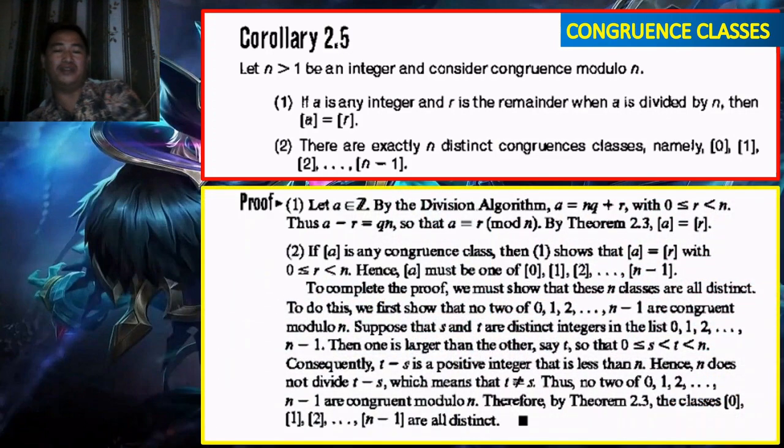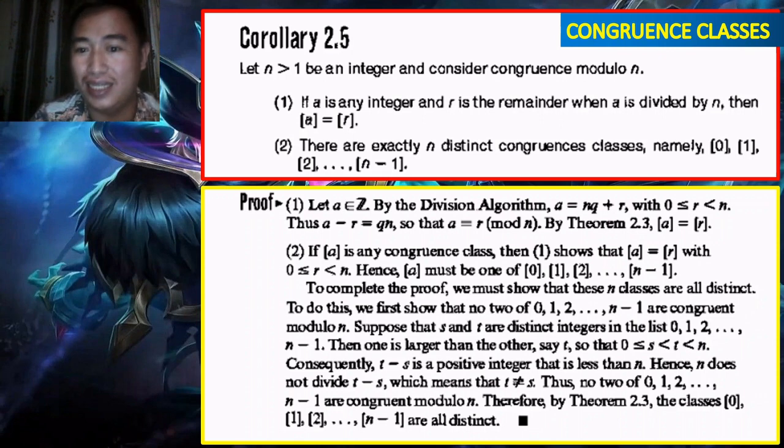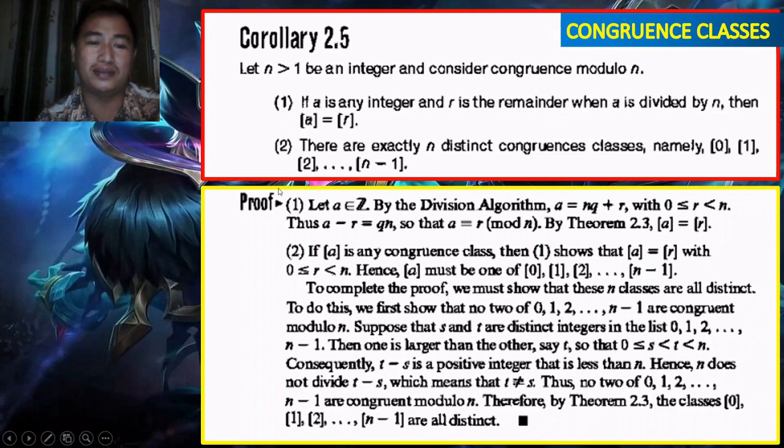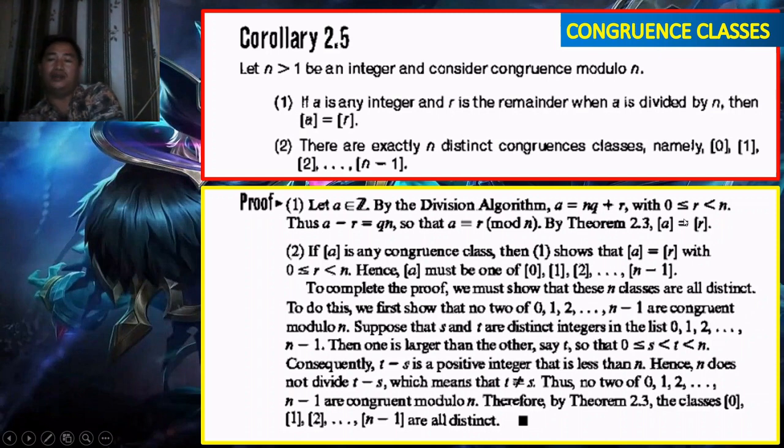We use the division algorithm here, as shown earlier in the first slide. In the proof, let a be an element of Z. By the division algorithm, a equals nq plus r with 0 less than or equal to r less than n.